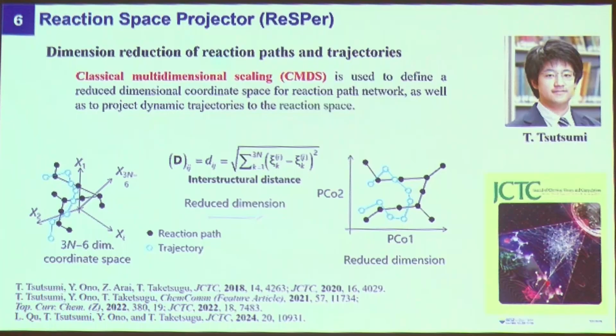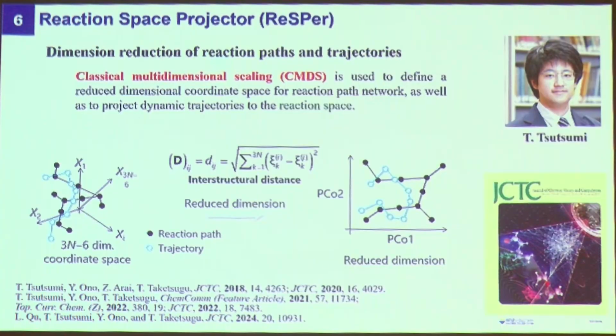The key idea is interstructural distance. For an n-atomic molecule, there are 3n Cartesian coordinates, and the distance between two different structures can be calculated like this.